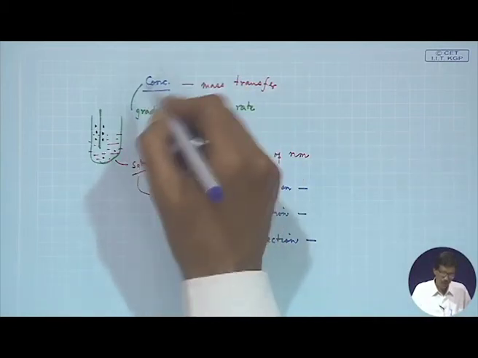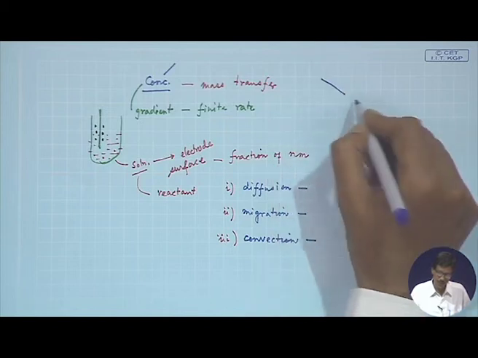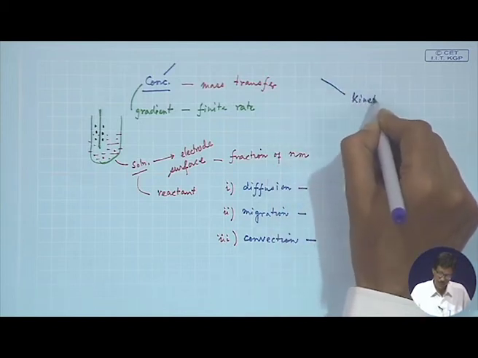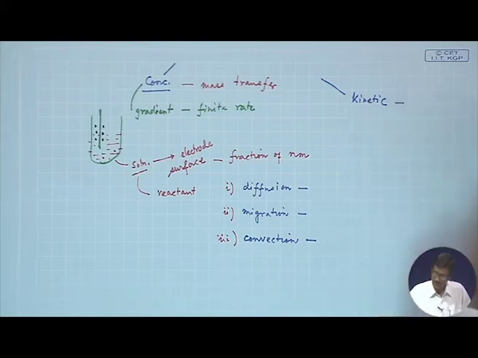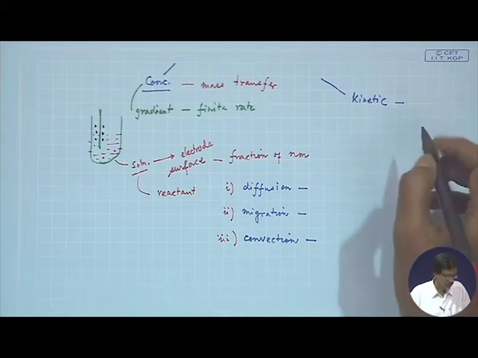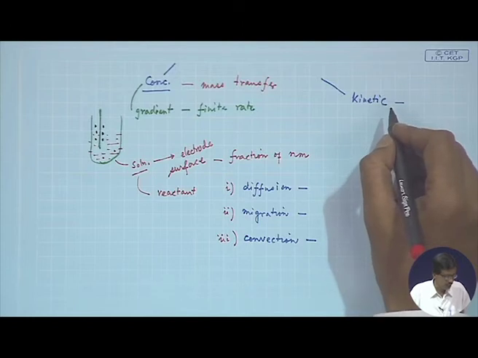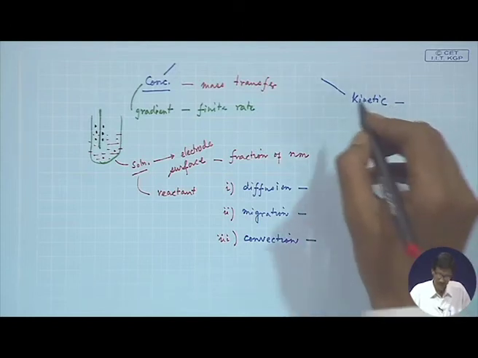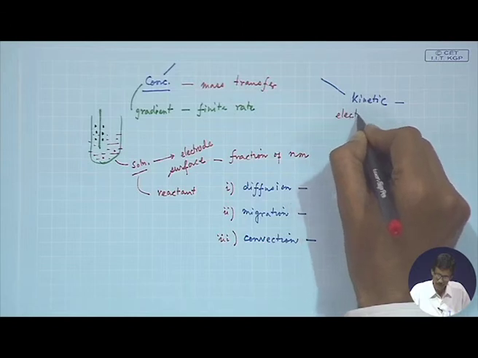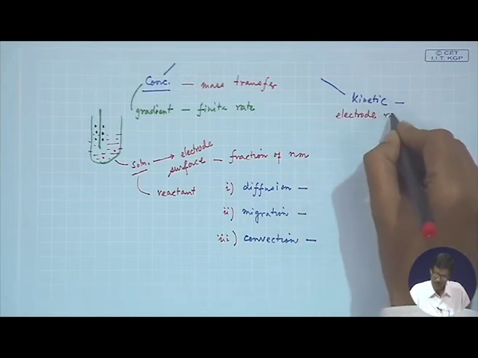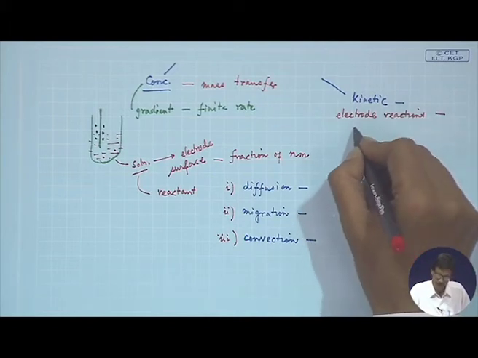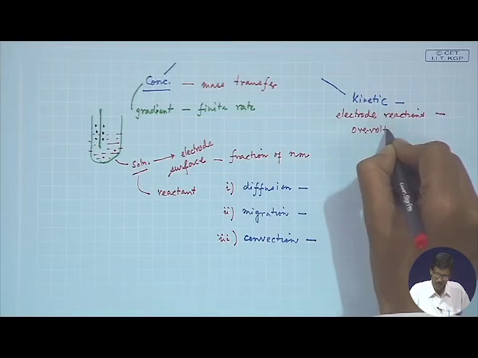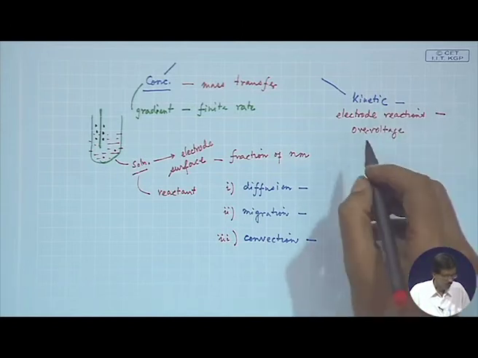Then the second one is your kinetic one. The kinetic one is also related to your current, the magnitude of current that we get. It is basically related to the limiting step, where we get the rate of one or both of the electrode reactions. That means it is dependent on the electrode reactions, and those electrode reactions have overvoltage, which we have to overcome.